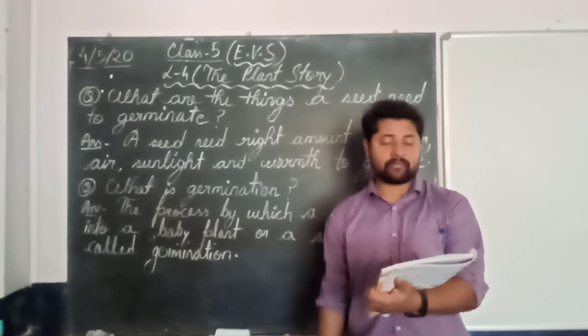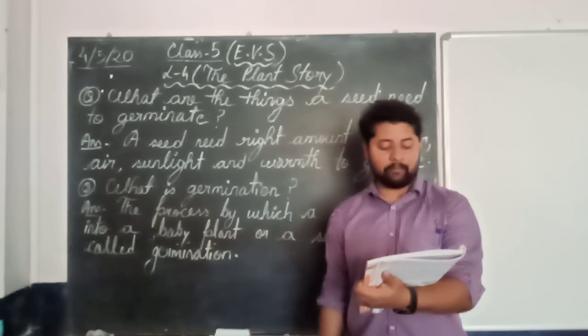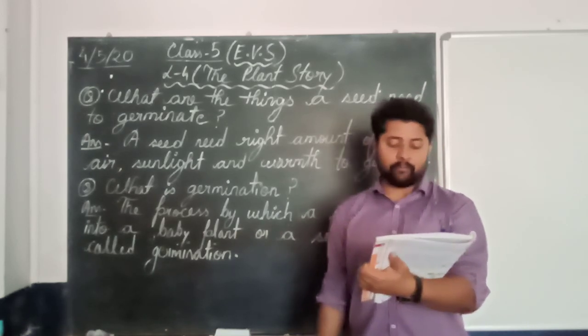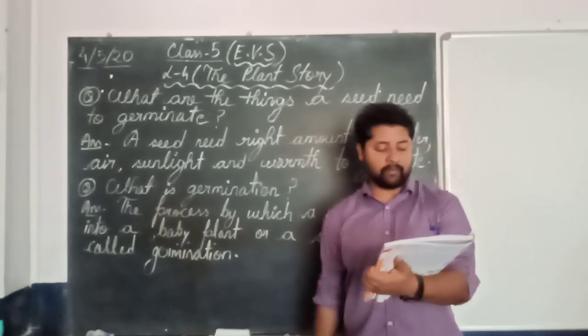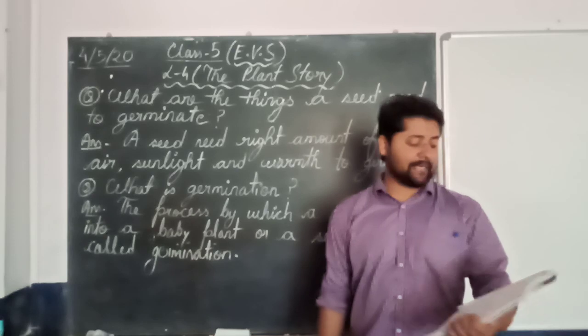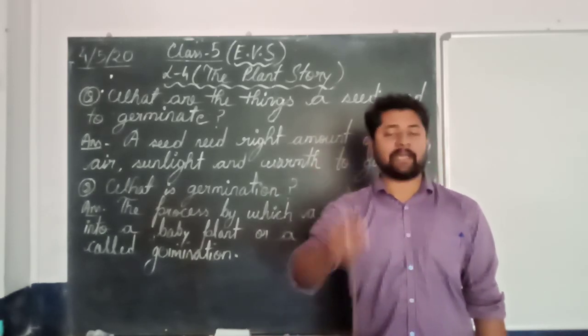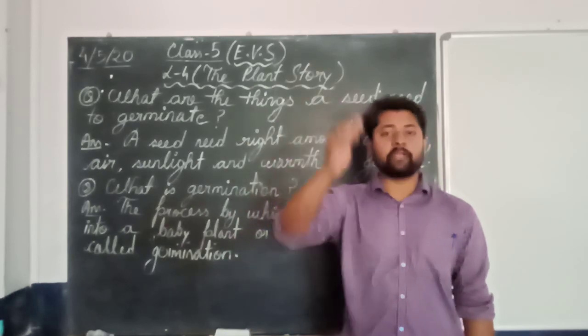Some plants grow from stem cutting. A piece of the stem of the parent plant is cut and planted in the soil. The stem cutting produces new roots and grows into a new plant. Rose, money plant and hibiscus are grown using stem cutting. So this paragraph is all about how by planting the stem we can grow new plants.